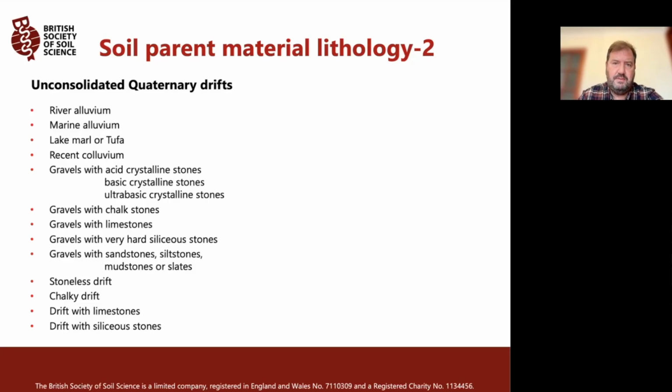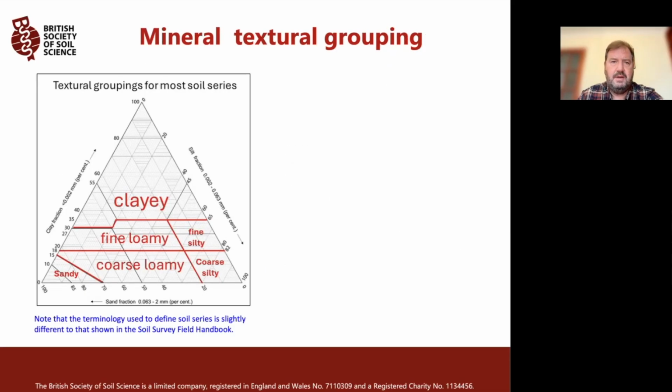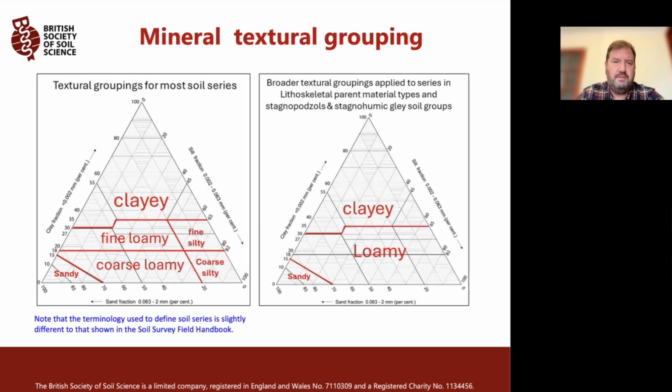So these are the sorts of lithologies that we're interested in, and of course the nature of the organic layer, the peats, the different plant and animal remains, sphagnum moss, sedge, Molinia grass, and so on. And there we are. We consider the minerals of the soil in terms of the proportions of sand, silt, and clay. And we have this so-called texture triangle.